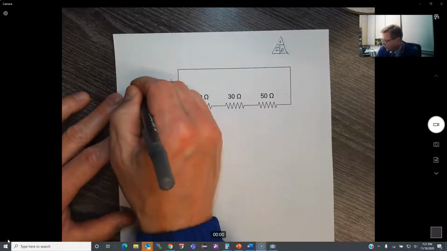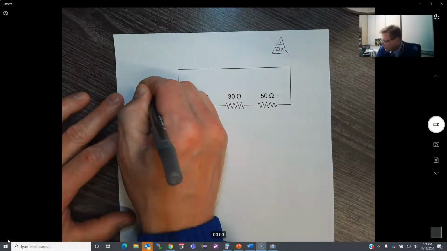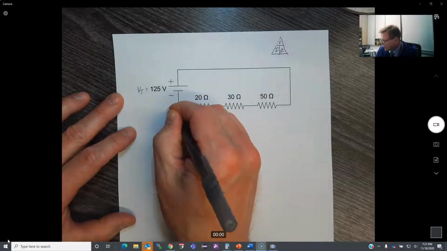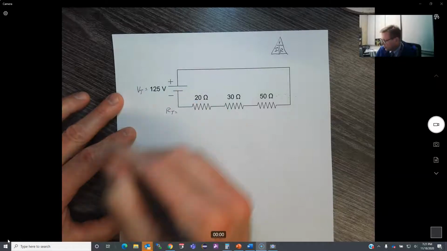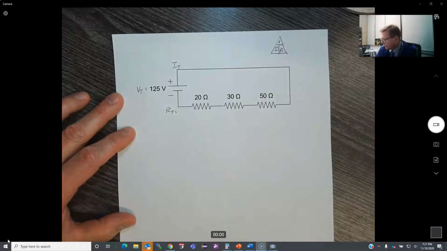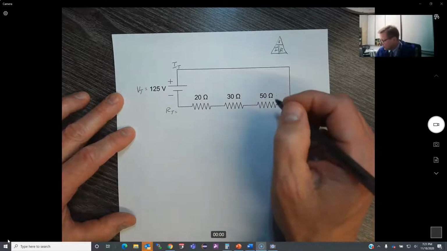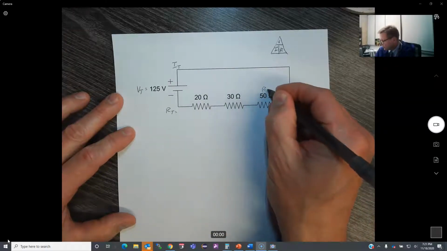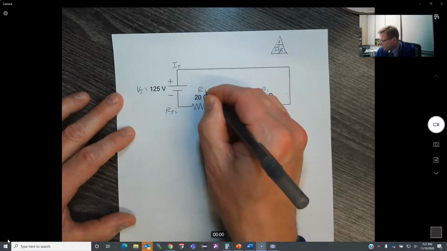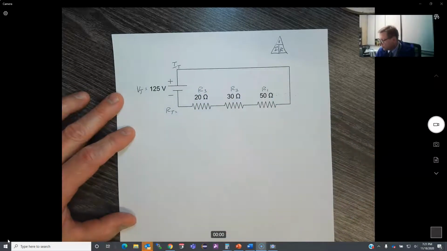So I'm going to go ahead and label this out right now. This is my V sub T equals 125 volts. I need to calculate R sub T and find out what that is. I need to calculate I sub T, that's my total current in the system. Now I'm going to label this one here as resistor 1, resistor 2, and this one is resistor 3. So 50 ohms, 30 ohms, and 20 ohms.